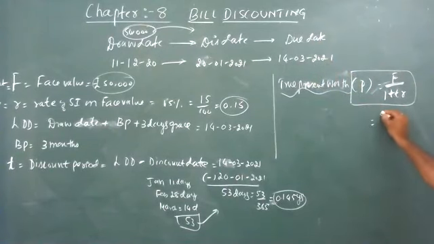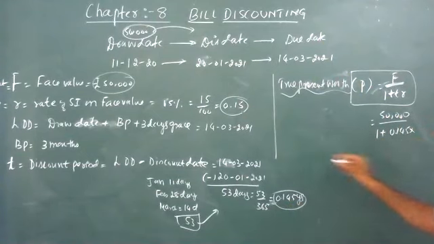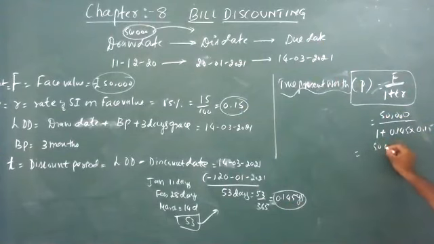So for this, 50,000 is the F value, and r is 0.15, the assumed rate of return. So that becomes 50,000 divided by 1.02175, and that becomes 48,935.